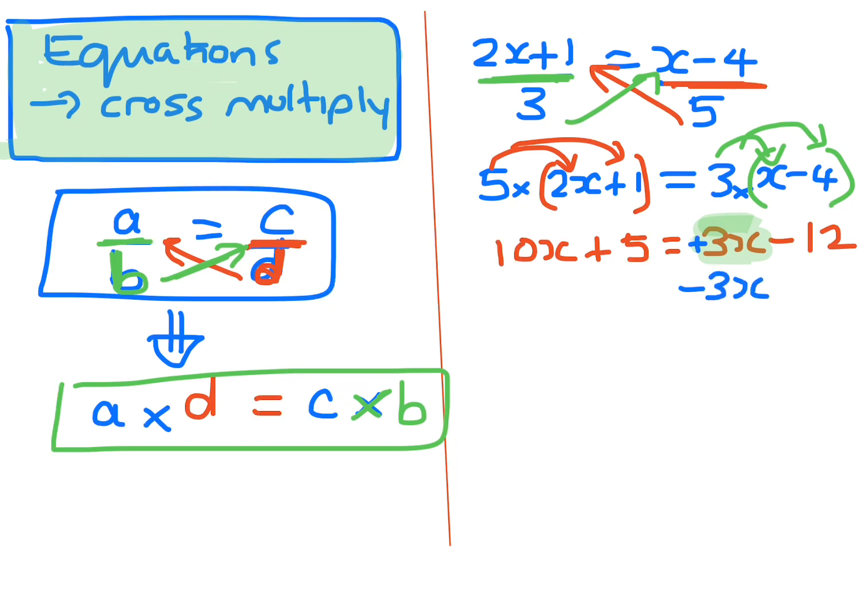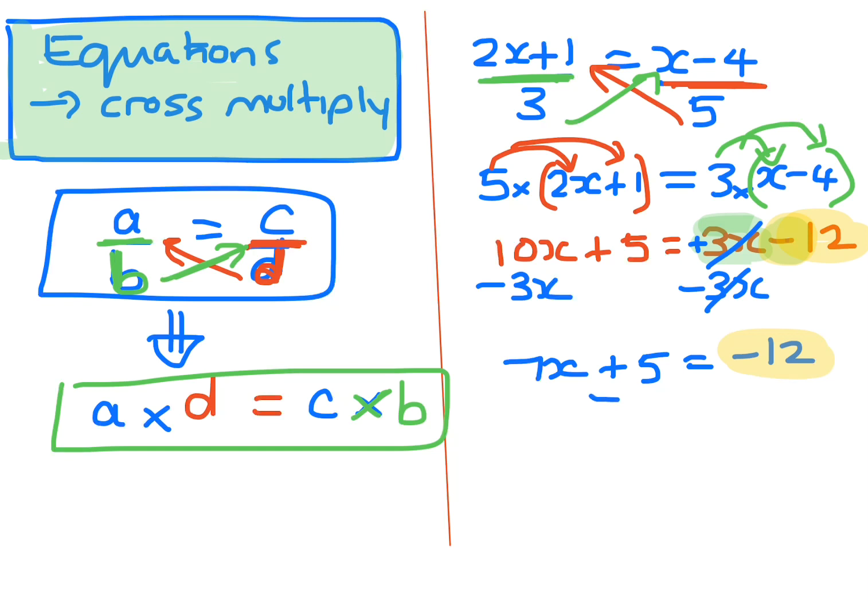So we take the 3x away there, and we take the 3x away there, because we've got to do the same thing on either side of the equal sign. 10x minus 3x is 7x plus 5 equals, and the 3x go. Make sure that you collect the sign in front of the 12, that minus there, so put minus 12.